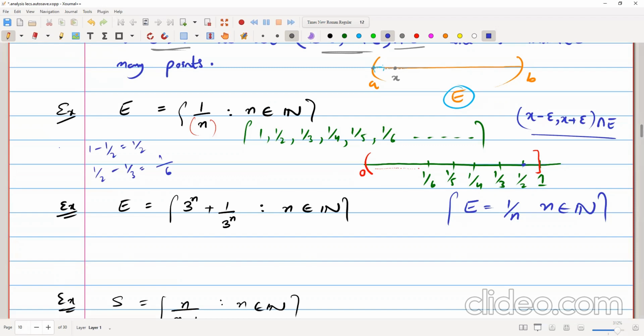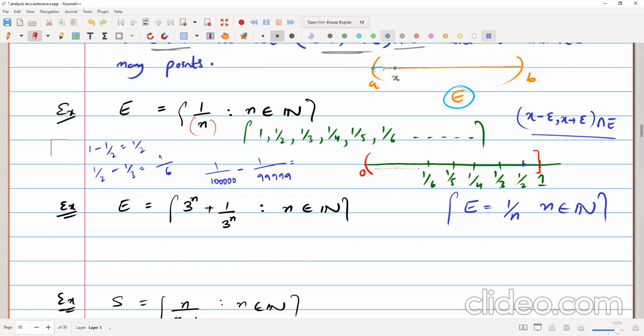So we can see that the distances are decreasing, and if we consider 1 over 100000 minus 1 over 99999, sorry, okay, this distance will be very small, like 0.0000000 something.